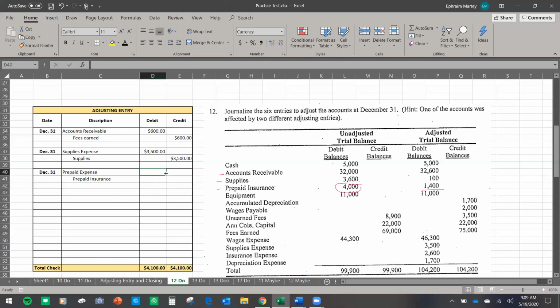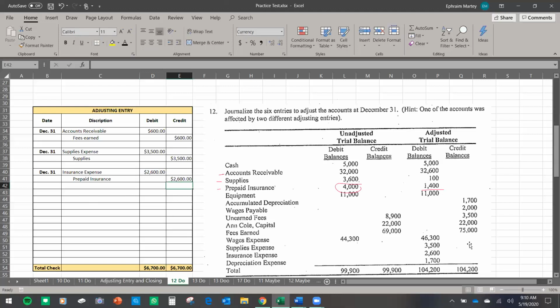This one should be insurance expense because it was insurance. So we will increase the expense by the difference: 4,000 minus 1,400. That means we used 2,600 in order to have 1,400. So we just reference that.